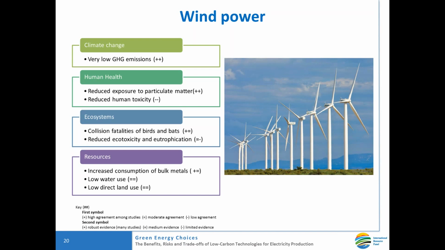Wind power also offers a lower use of water and less land use directly, in terms of the land that is occupied by the wind power plant and the surrounding infrastructure. However, if you look at an entire wind park, it actually has slightly higher land use than coal-fired power, because of the land in between the different wind power plants.